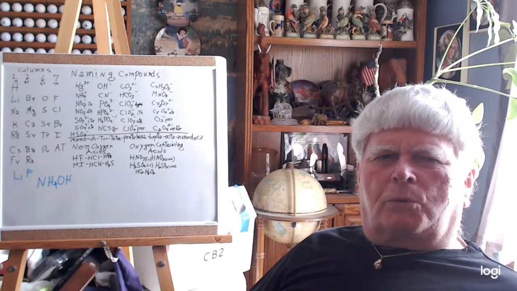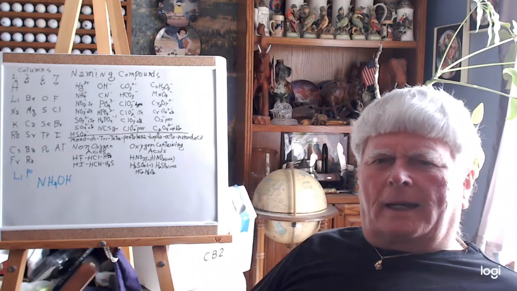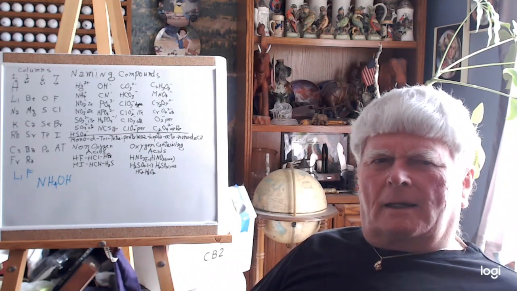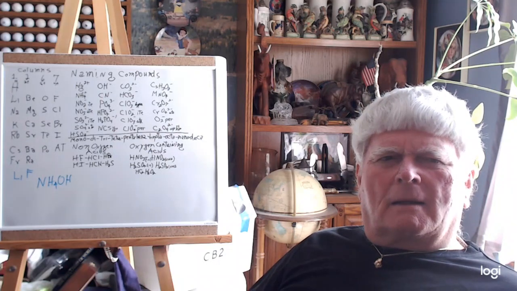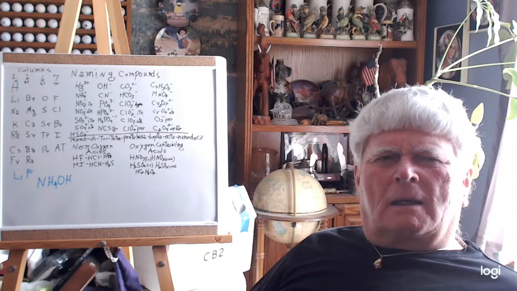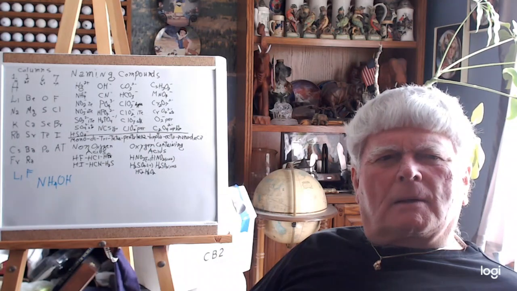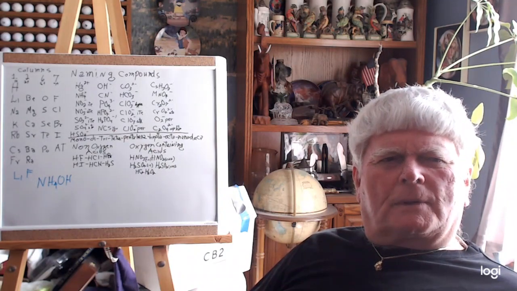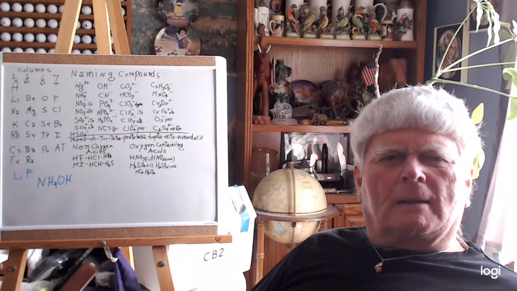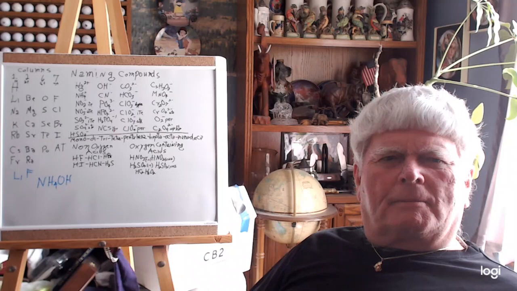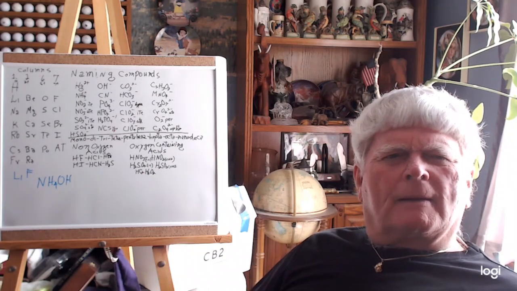HBr is hydrogen bromide, HI is hydrogen iodide, HCN is hydrogen cyanide, and the last one is, what did I mess up here? I forgot to put cyanide in the column, I guess. Sorry about that. You'll have to add that. Remember, I make mistakes. You've got to help me out.